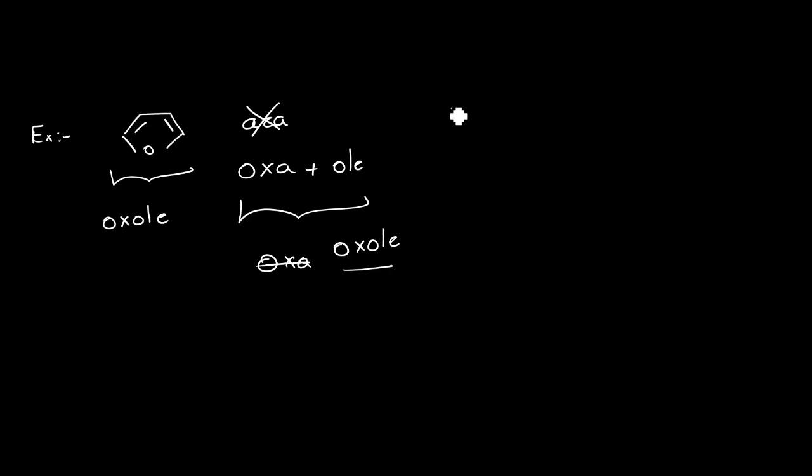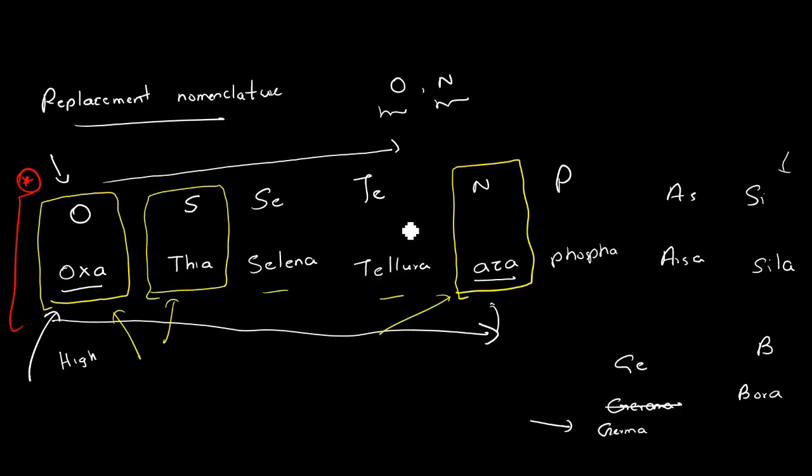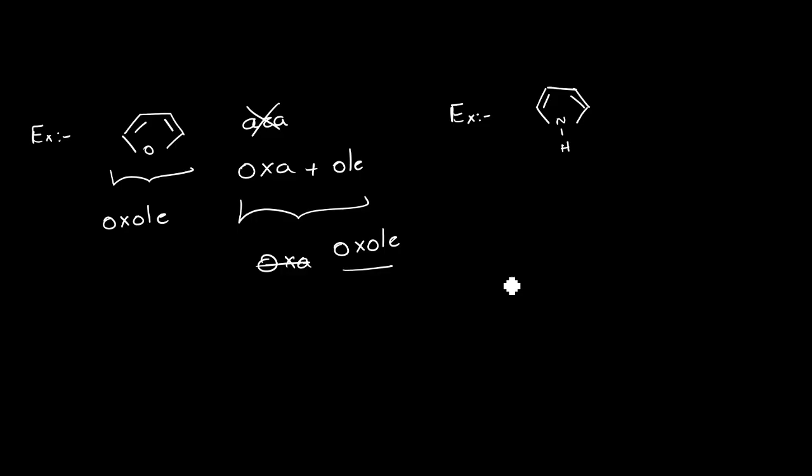Let's do another example. How about this one? In this case you can see the nitrogen is there. First we need to go to this table and see what the word for nitrogen is. AZA is the word, so we write AZA.